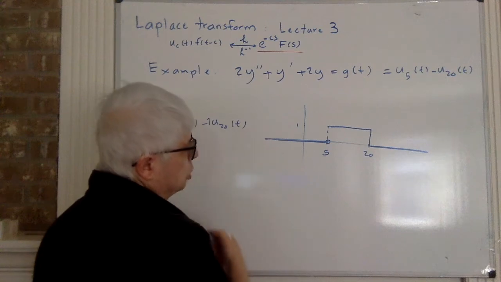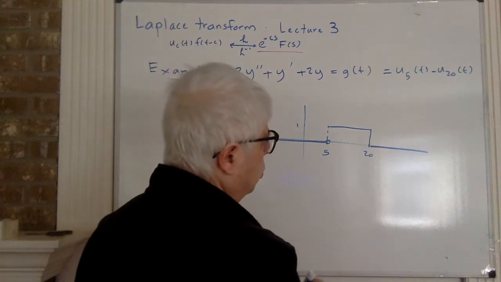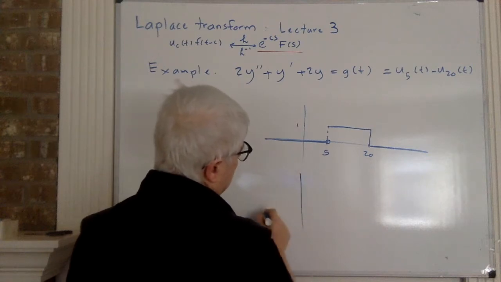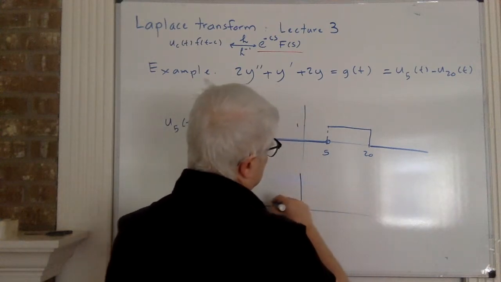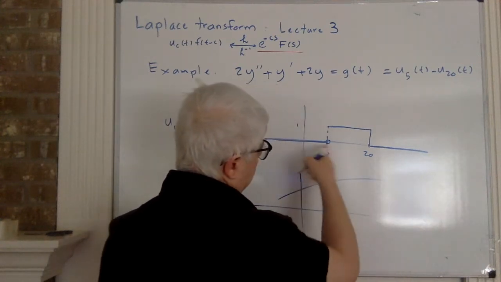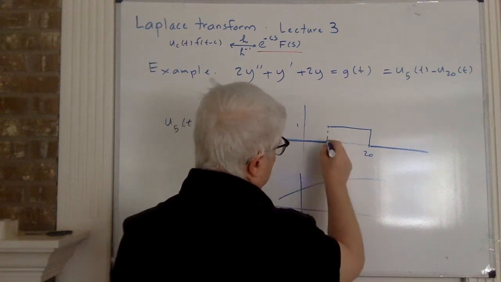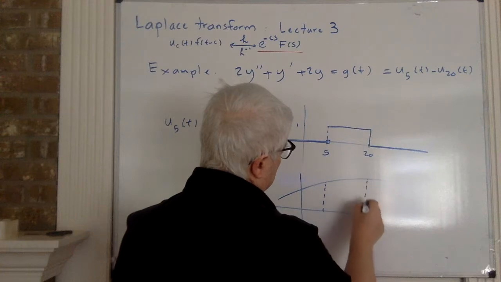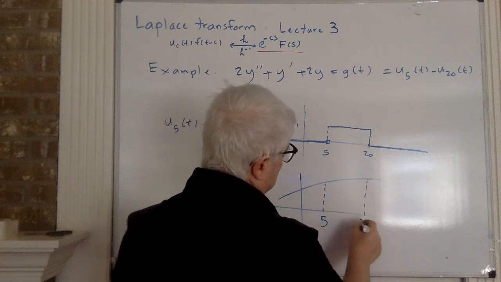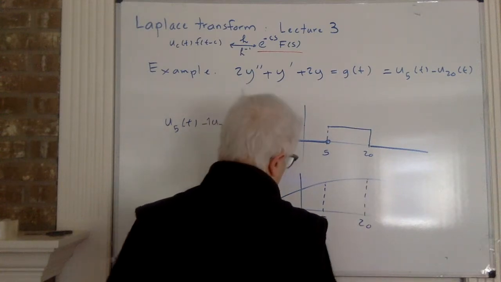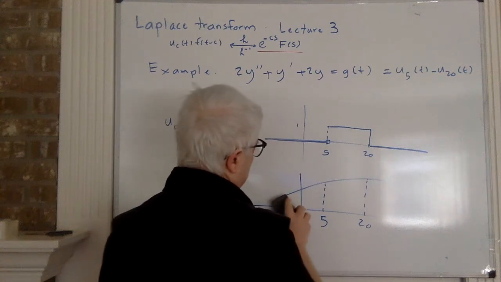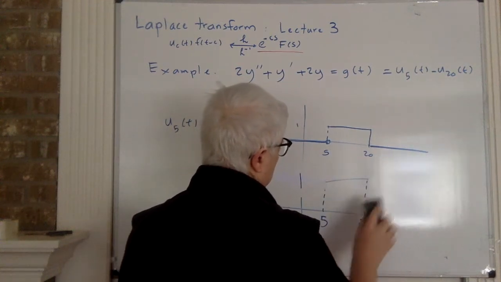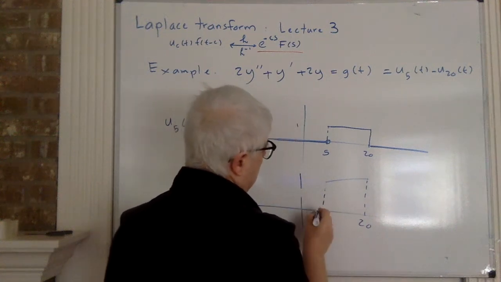So if I multiply this by a function, f(t), what happens? If I multiply this by f(t), then it's like restricting f(t) from 5 to 20, and then it's 0 here.